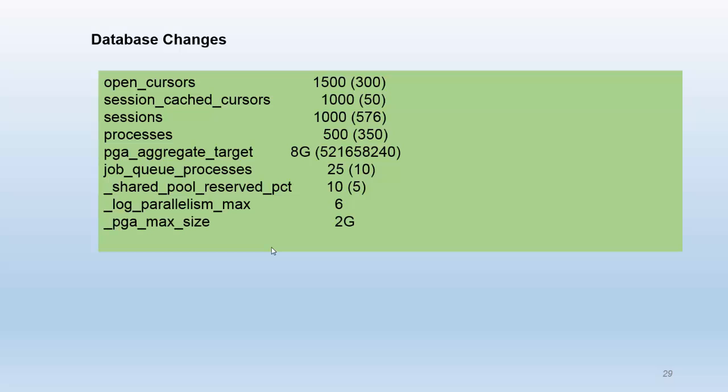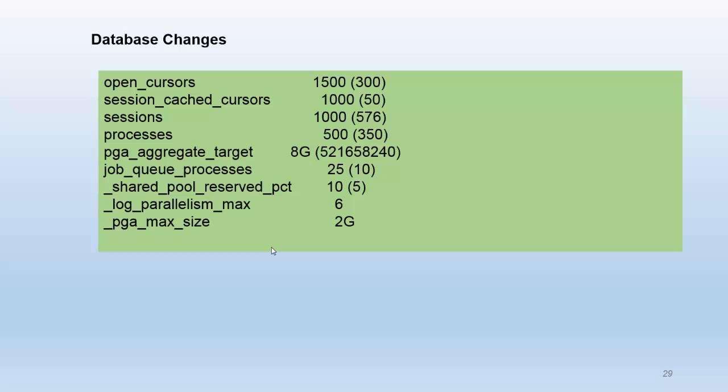So this is another parameter, the PGA one, and the traditional thinking is that by default the PGA max size would be 5% of the PGA aggregate target, allocated automatically as long as the PGA aggregate target is less than or equal to 2 gig.